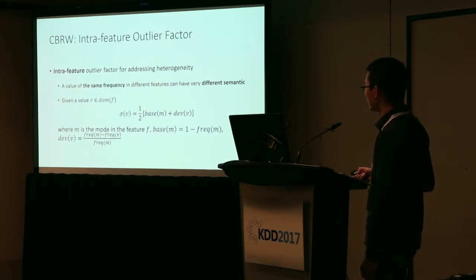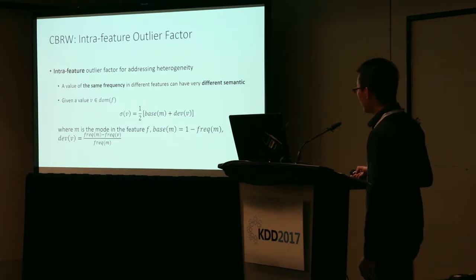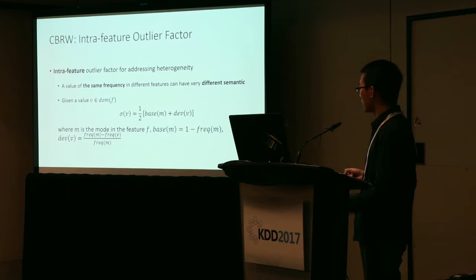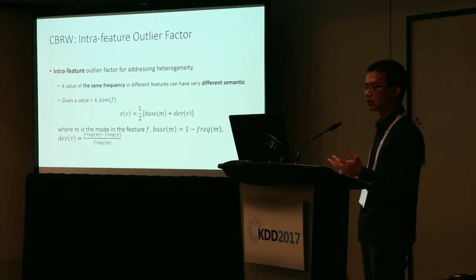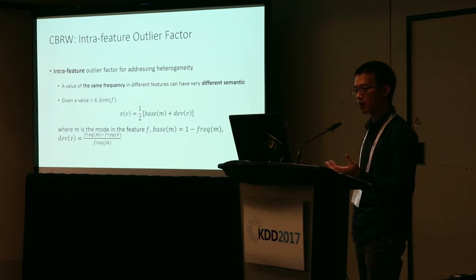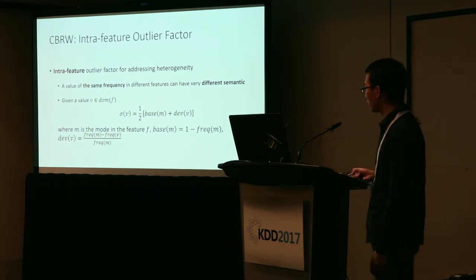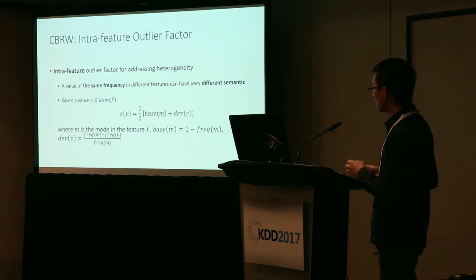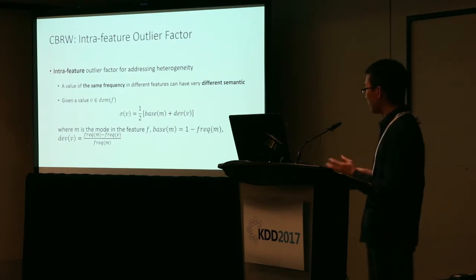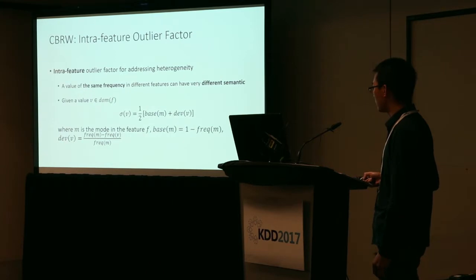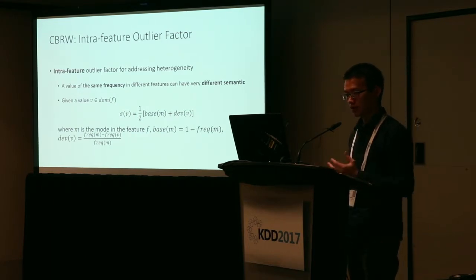Given a value in the feature F, we first find the mode M in this feature, and compute the outlierness of the mode. This mode is used as a benchmark there, and each feature will always have a mode. Then based on the value frequency deviation from the mode frequency, we obtain another outlierness. We take the average over this to obtain the intra-feature outlier factor.